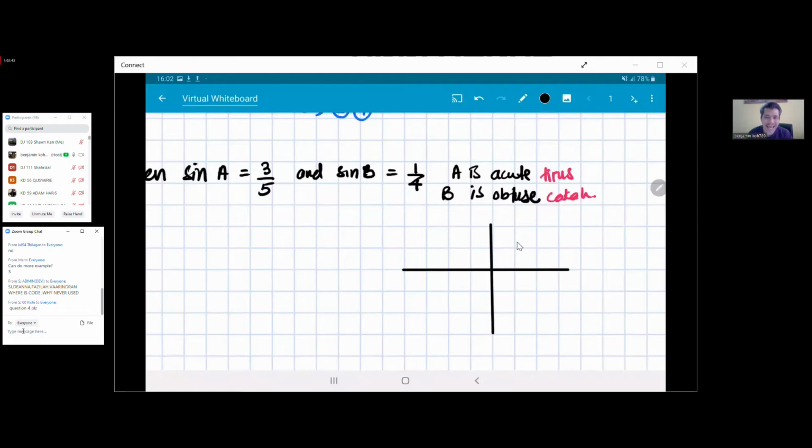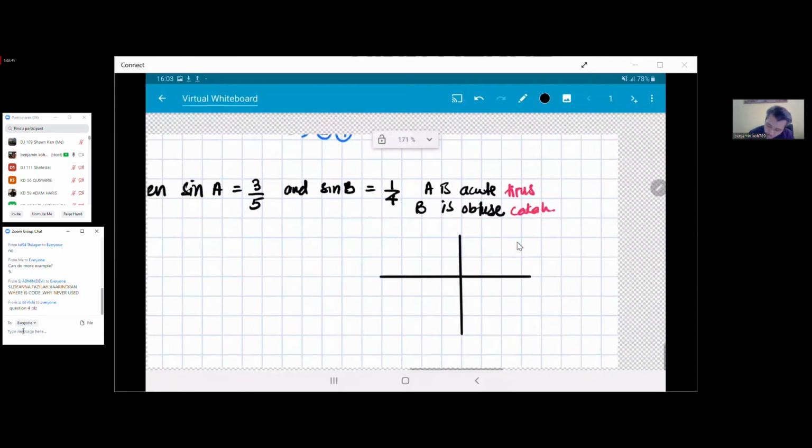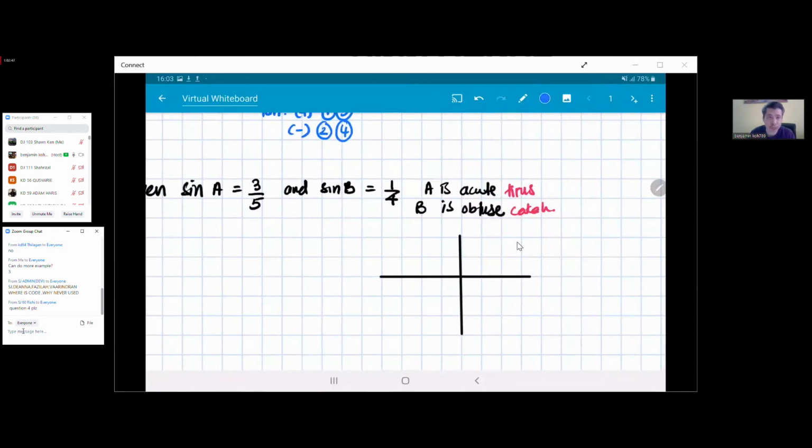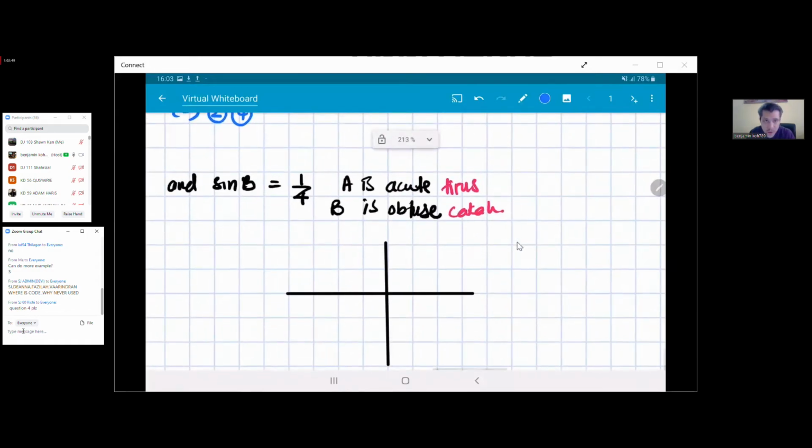So A is acute. Again, for some of you who did not learn your trigo properly in Form 4, sudut tirus ataupun acute angle, that means your angle will be less than 90. Boleh faham? Kurang daripada 90. Contoh, acute angle 30 degrees, 60 degrees.